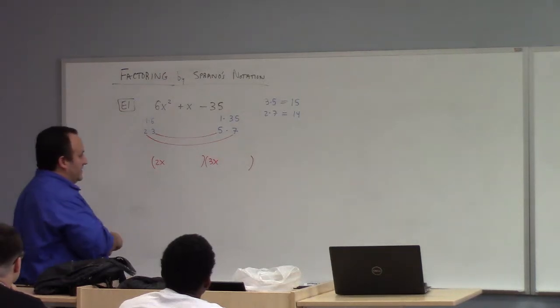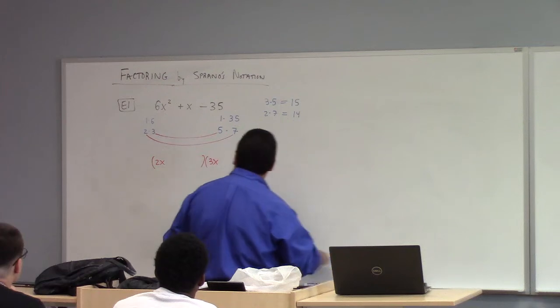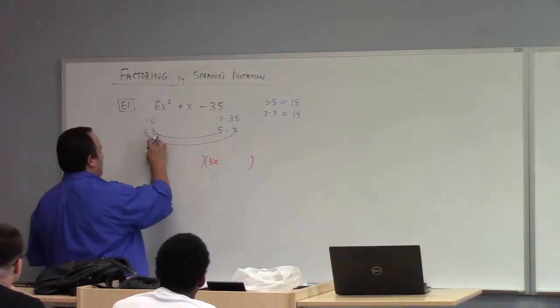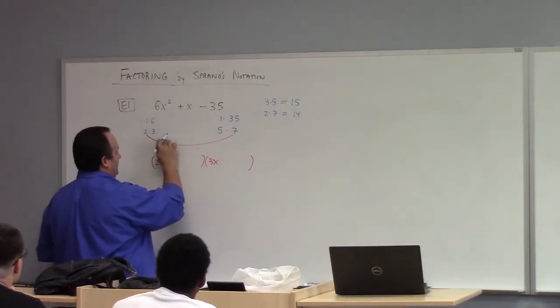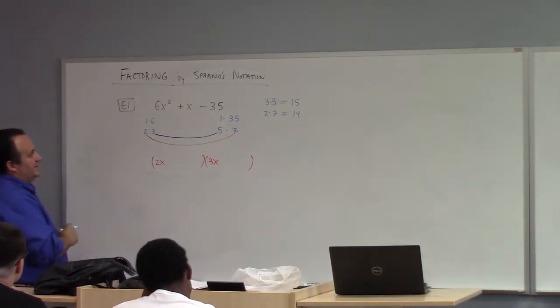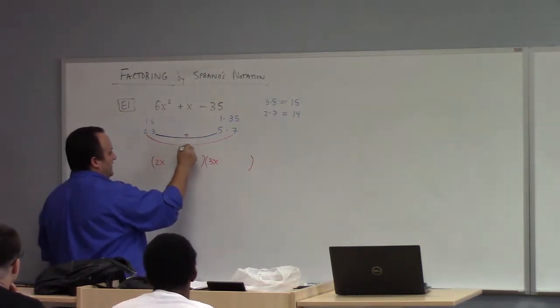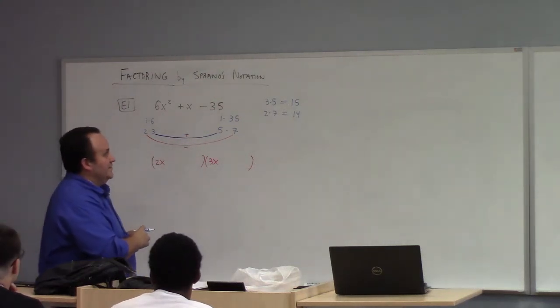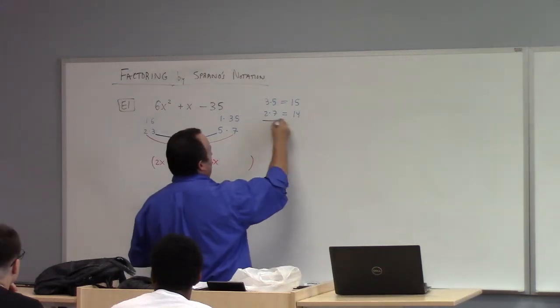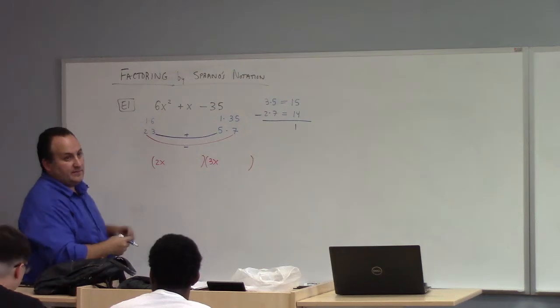Let me change the color on one of these lines so you can see it better. Sorry if you're colorblind. My apologies. I can't really fix that for you, unfortunately. There you go. Now I want a plus, so I'll put a plus on this one and a minus on this one, because I know that 15 minus 14 is 1, and that's what I have here.